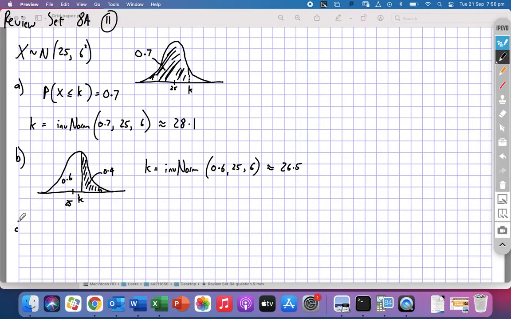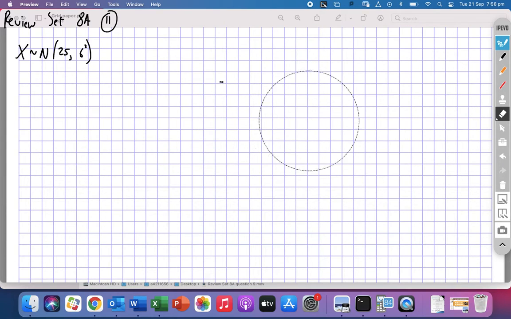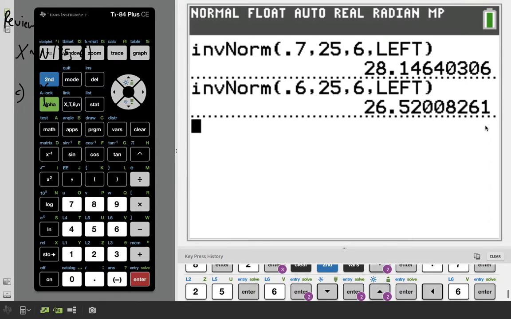And in C, I might do C up here. Let's just make some room. C's slightly harder. Think.